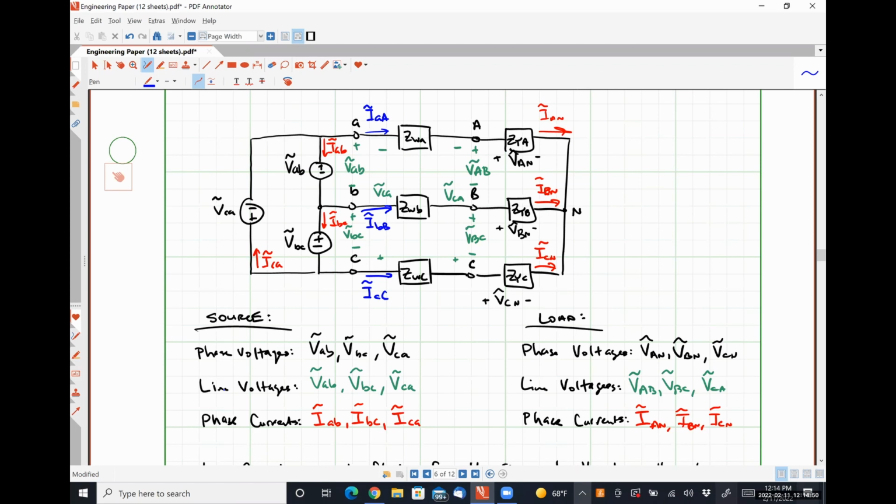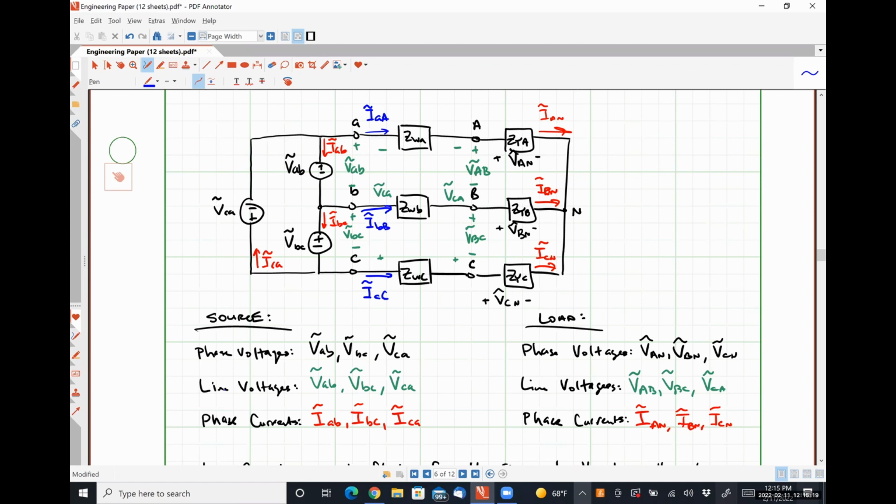Now, if we had a Y connected load, though, we would find that our line currents are negative of our phase currents at the source because of the convention that we have adopted where current is flowing from the positive polarity terminal to the negative polarity terminal, right? So our phase currents in a Y connected load would be flowing to the left. And so that's why we would have to make sure to include that negative sign.